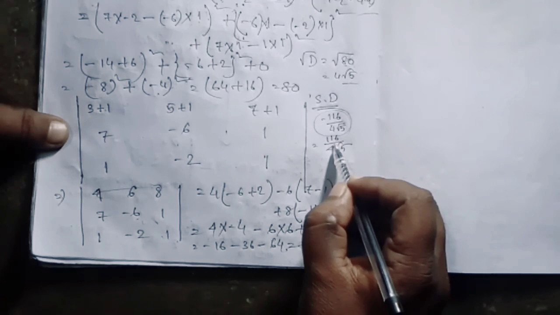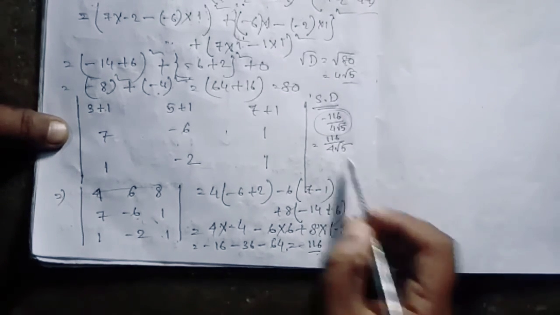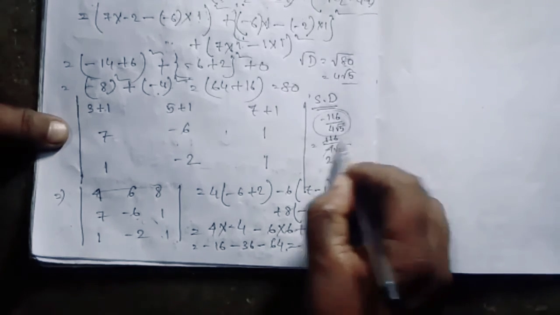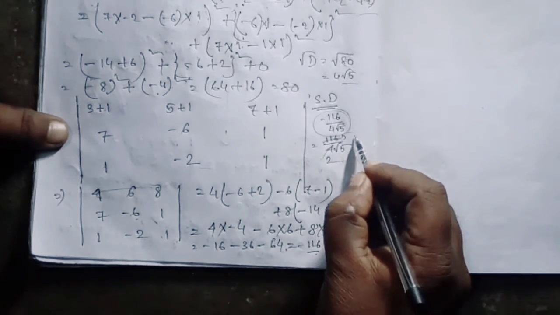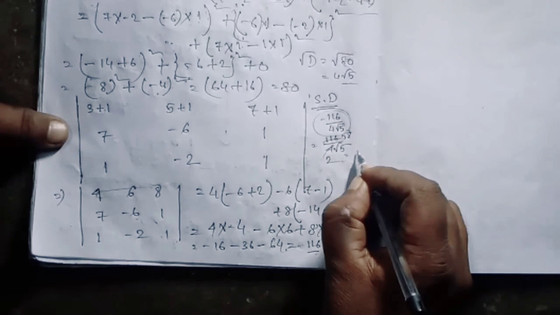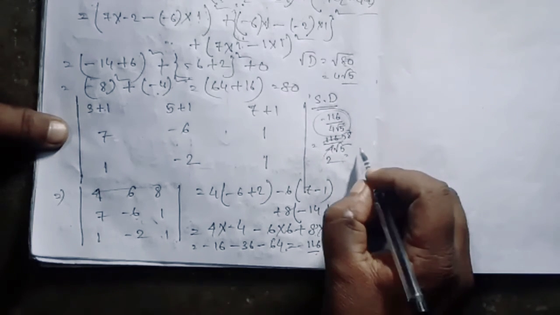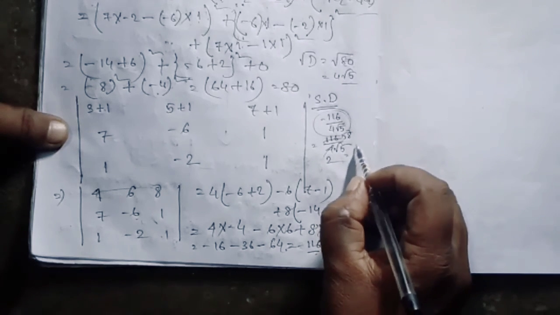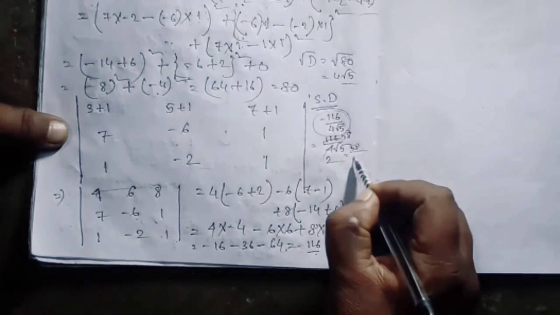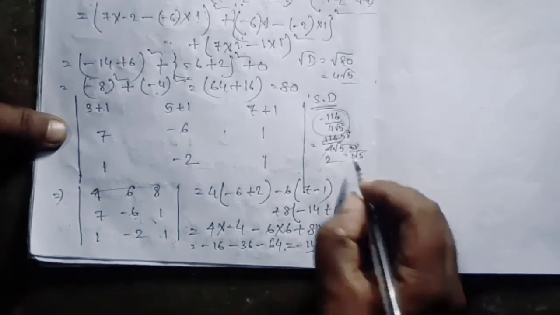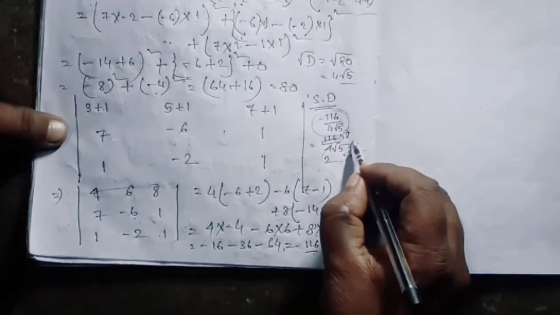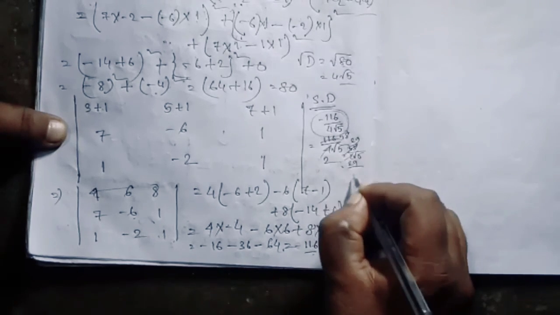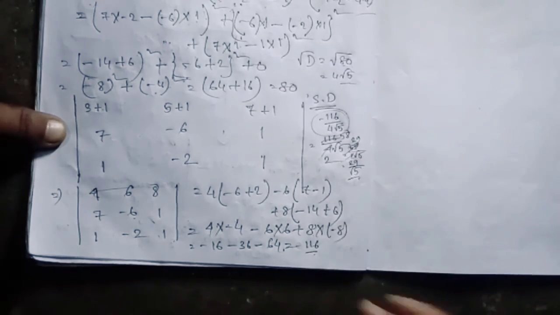If we divide it, we get 58 by 2 root 5, that is 29 by root 5. That will be the answer.